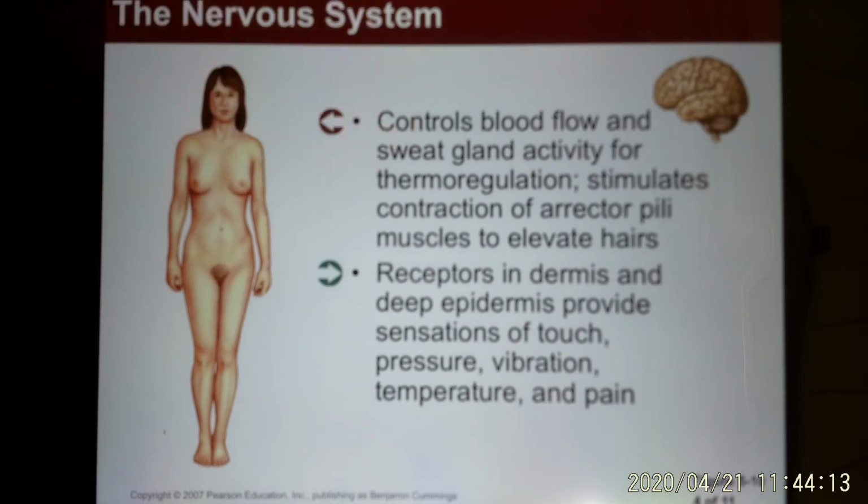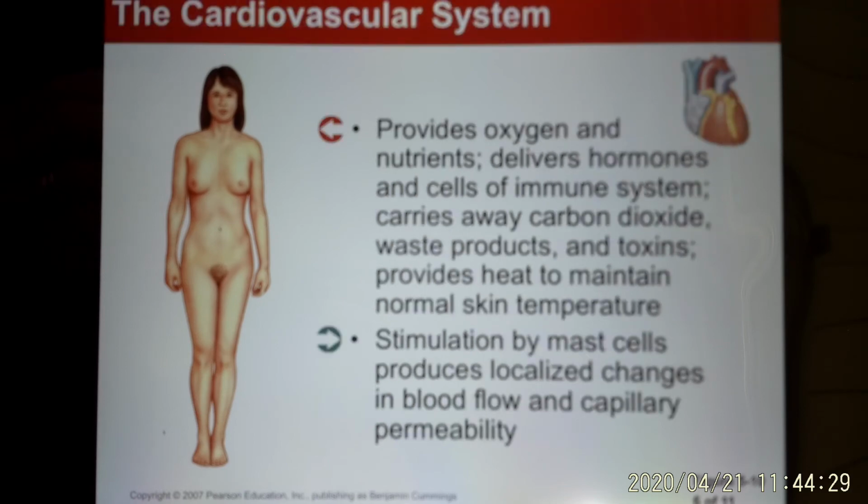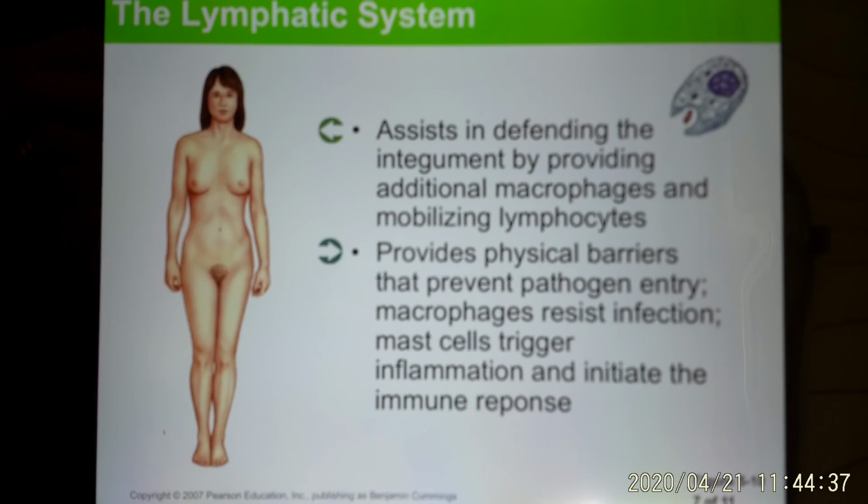So when we talk about the nervous system, we'll talk about the skin as well. And your skin produces vitamin D3, and it's a precursor for some hormones, so it helps your endocrine system. And in the dermis layer, you have capillaries, so it helps the cardiovascular system. In the dermis layer, they also have lymphatic vessels, so they help to defend against pathogens. And the skin is a big mechanical barrier to protect you, so it also helps the lymphatic system.